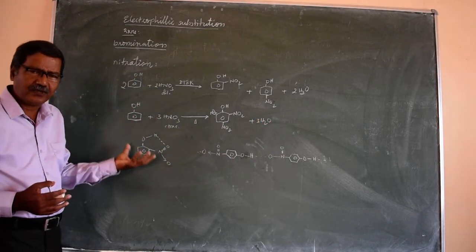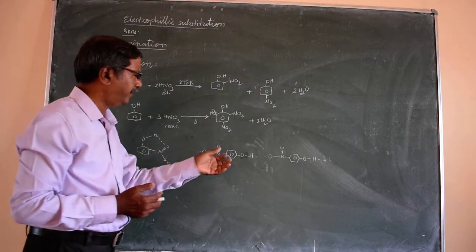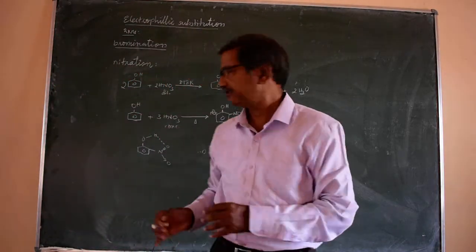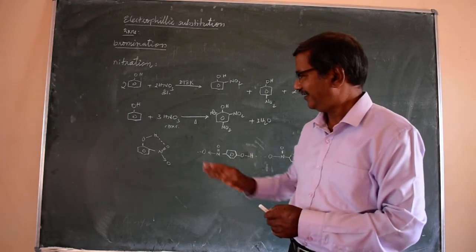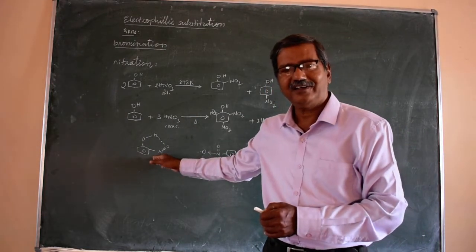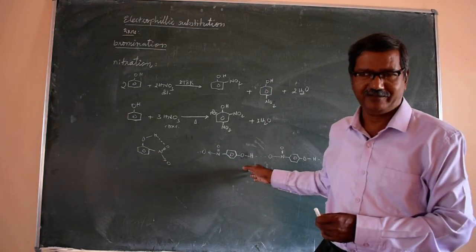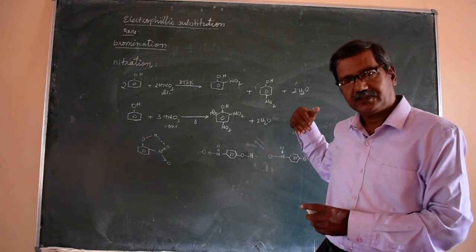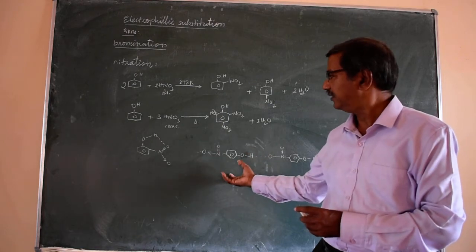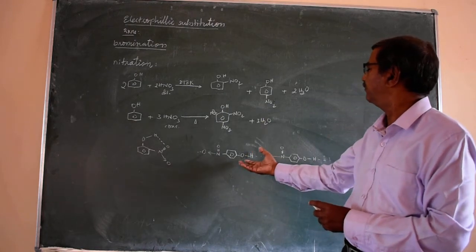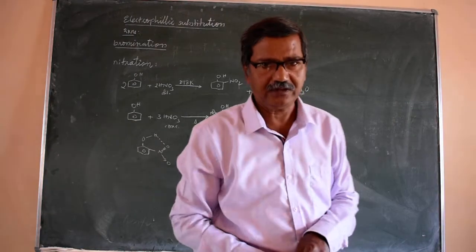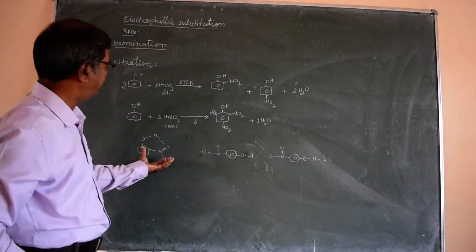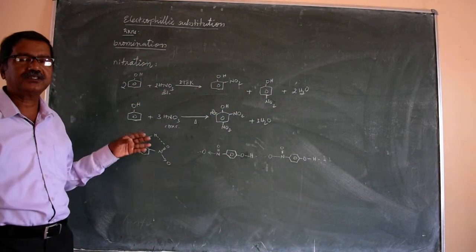And it has a very low boiling point compared to that of para-nitrophenol. This one is steam volatile, and the para one is non-steam volatile. That means we need more temperature; on passing steam, you do not get the vapors of para-nitrophenol, but here we get the vapors of ortho-nitrophenol because it is steam volatile.